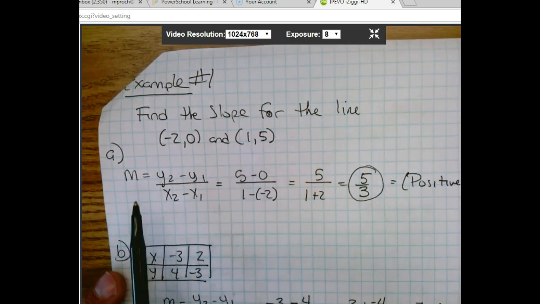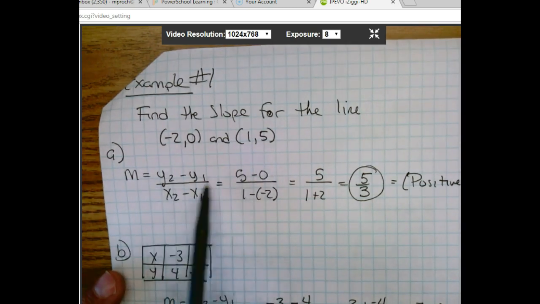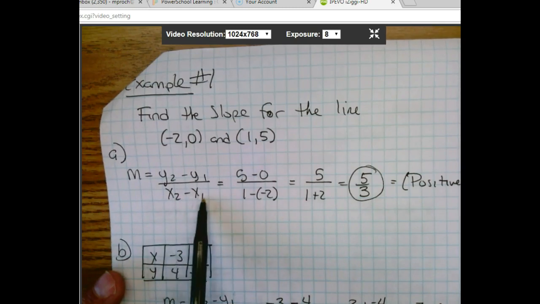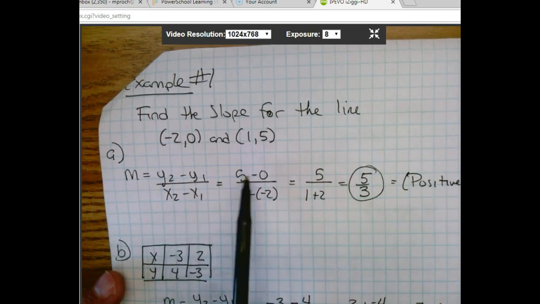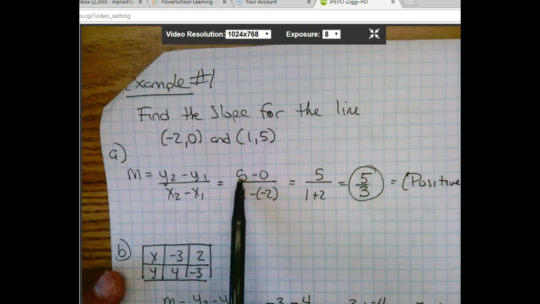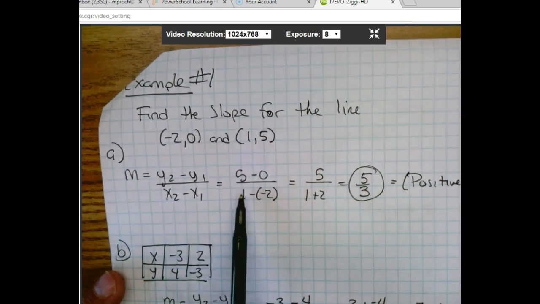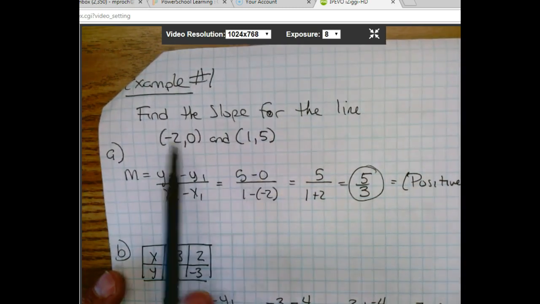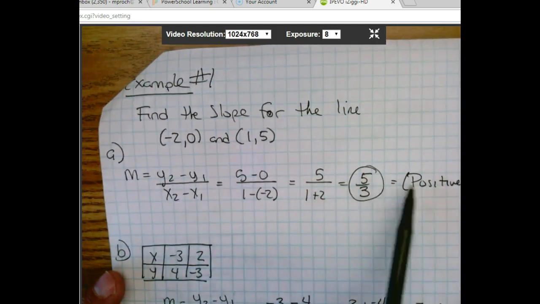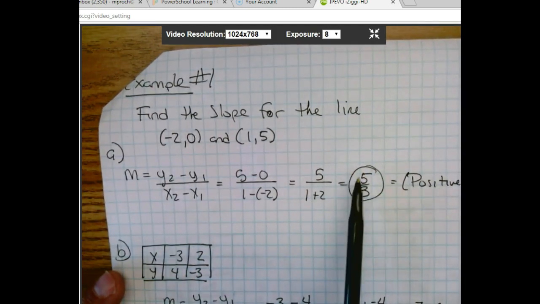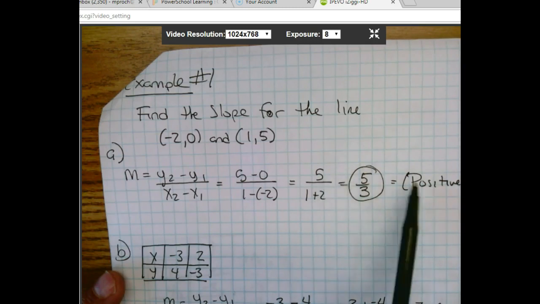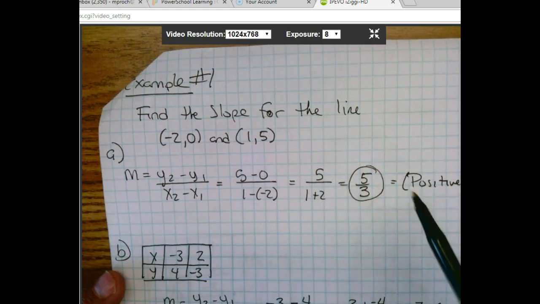Because we have this equation, m equals y2 minus y1 over x2 minus x1. We just plug in the 5 from there, 0 from there, this 1 is from there, this -2 is from there. We do the math, and here we get 5/3. And you can see, no negative sign, so we know it's a positive. So if we graph this, we know the line would be going up from left to right.